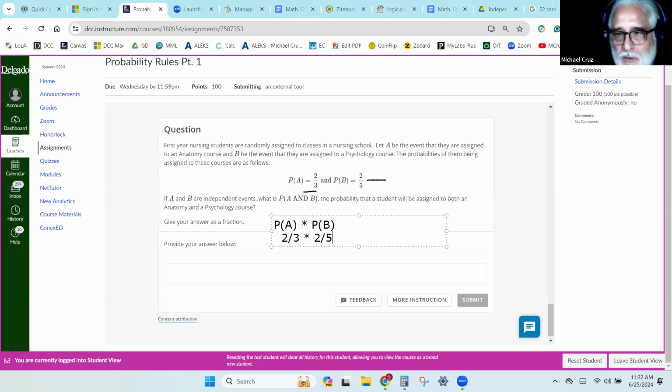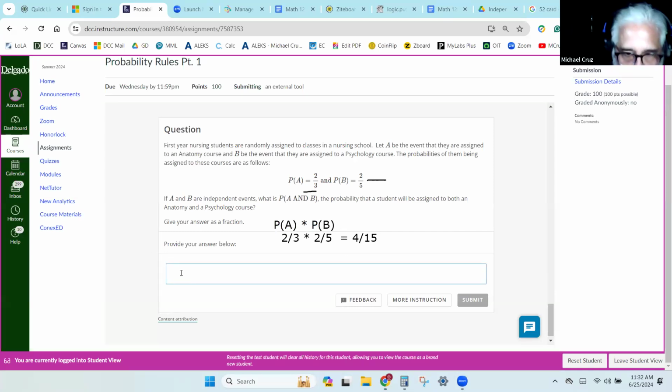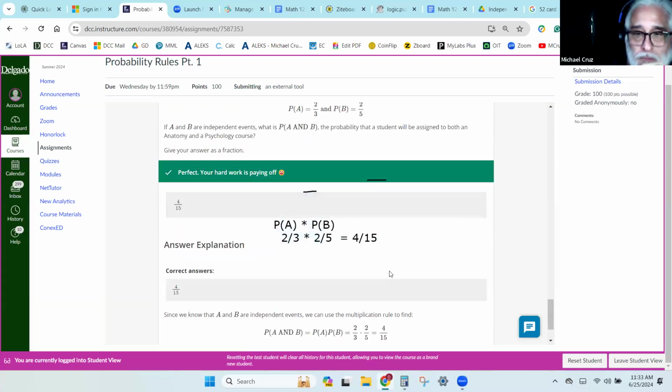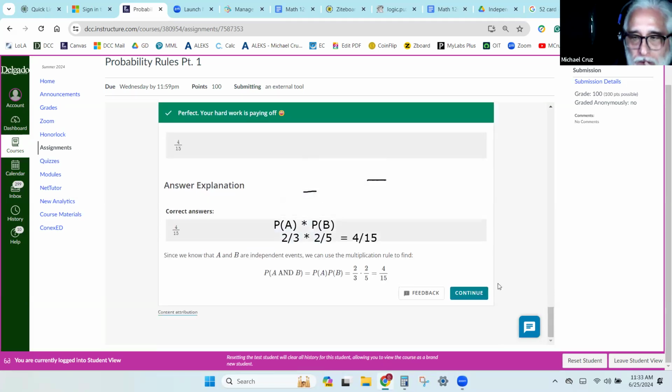Sloppy, but 4/15. So 2/3 times 2/5: 2 times 2 is 4, 3 times 5 is 15. No common factor, so that should be it. All right, good.